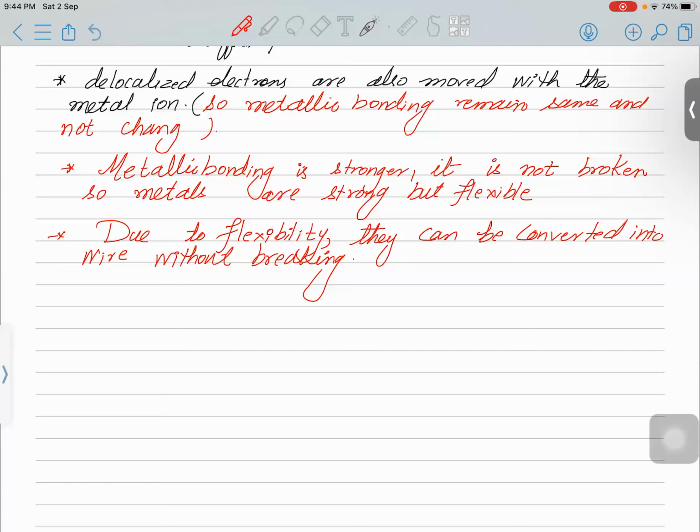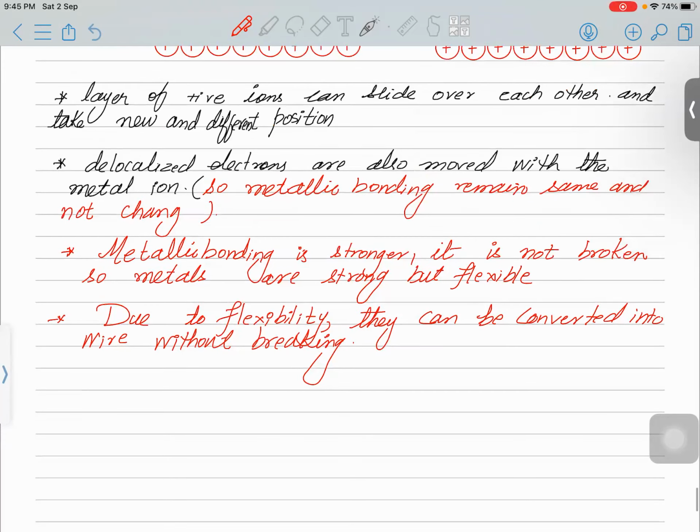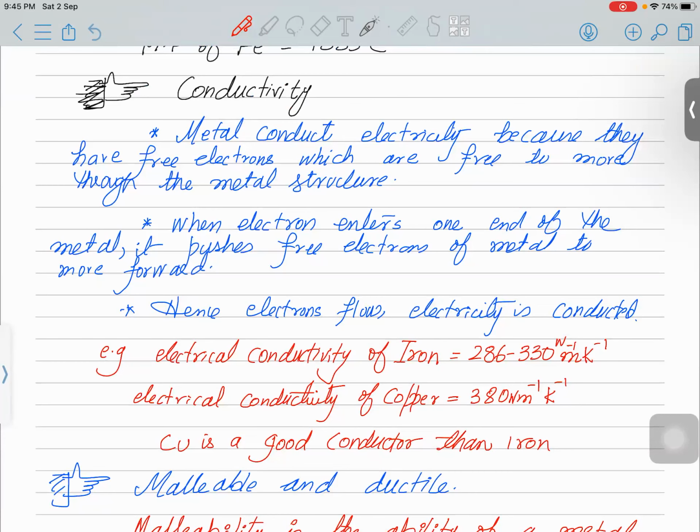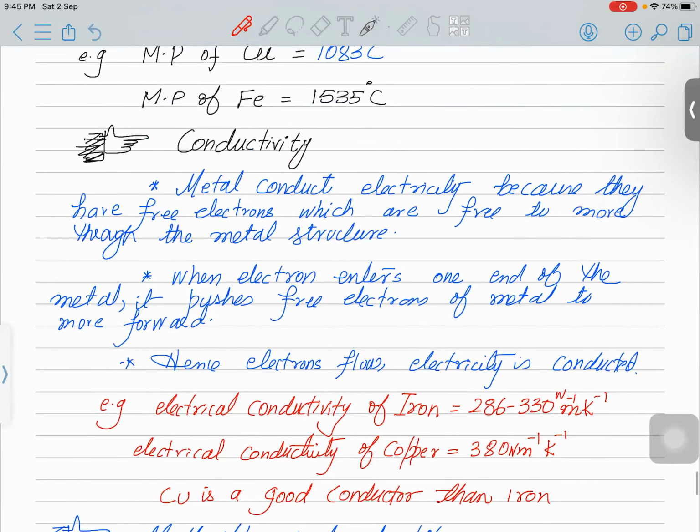Okay, so how is it flexible, sir? Because metallic bonding is very strong, you cannot separate the positive ions and the negative electrons. The attraction between the metal ions and the electrons is not overcome by hammering.